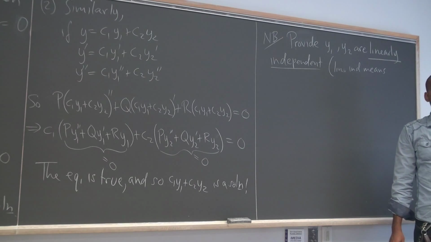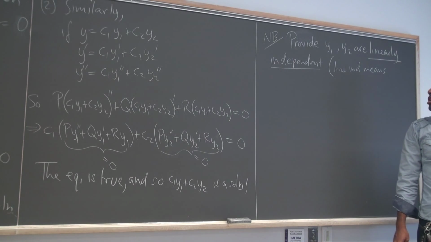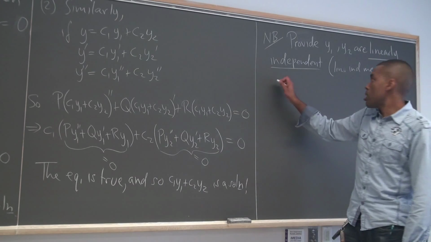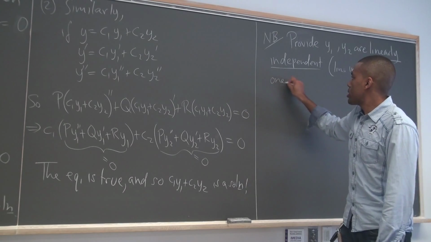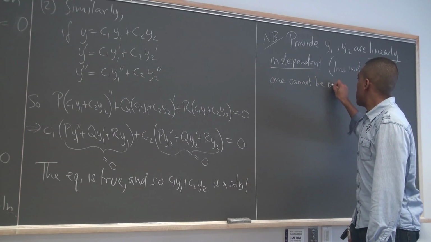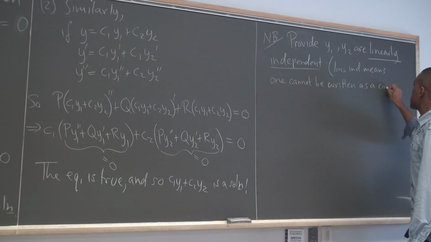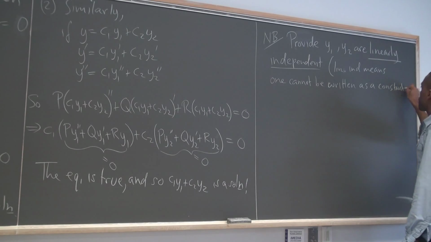They cannot have two similar terms occur at the same time. They can't be written in terms of the other. Linear? Right, one cannot be written as a constant times the other.